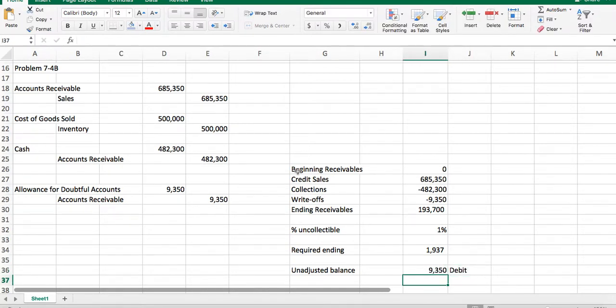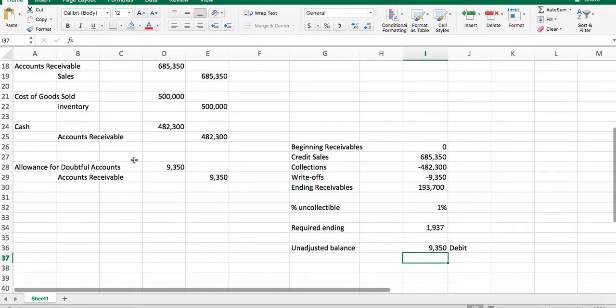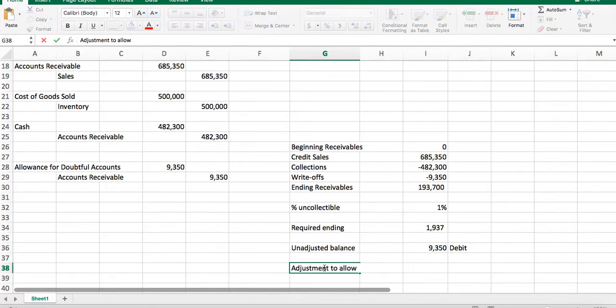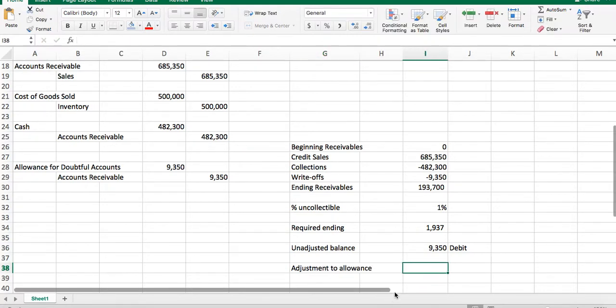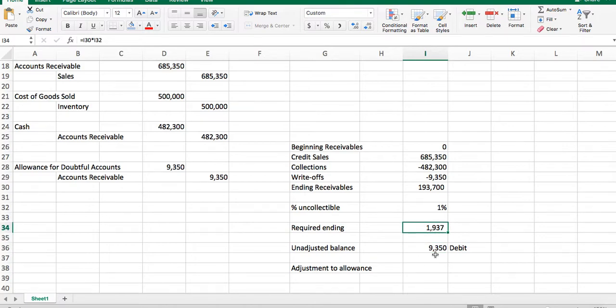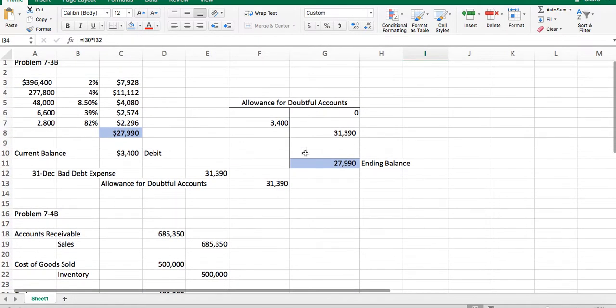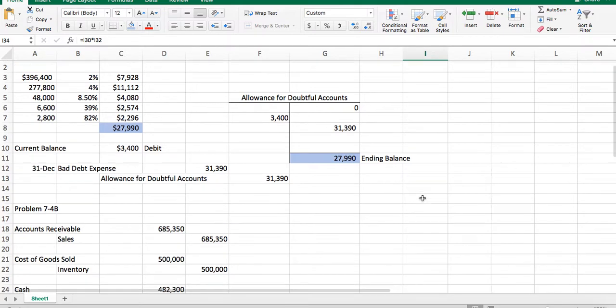It was given to us when we did the journal entry right here. This debit went into that account. And so to adjust the allowance, in other words, we want an ending balance of 1,937. And right now we have a debit. So if we want to go back up here, it kind of looks like it did in this T account.